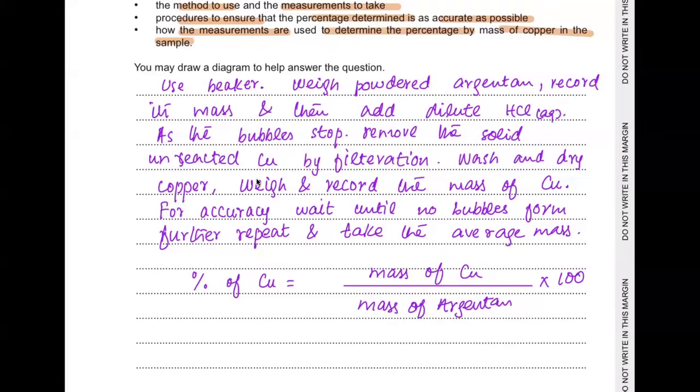So we are not going to keep the zinc in excess because we have to make sure that all of the zinc is going to be dissolved. So we are going to add more and more acid, and will wait until no bubbles form. It indicates that all of the zinc has been reacted and turned into a salt, and apparently all of the zinc has disappeared or dissolved.